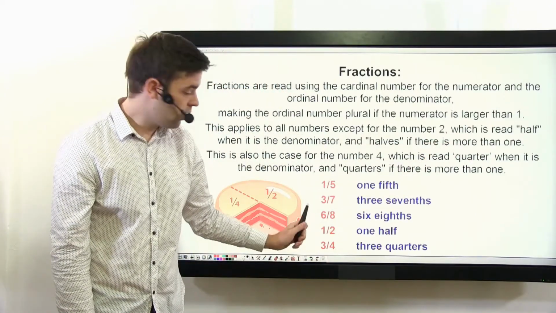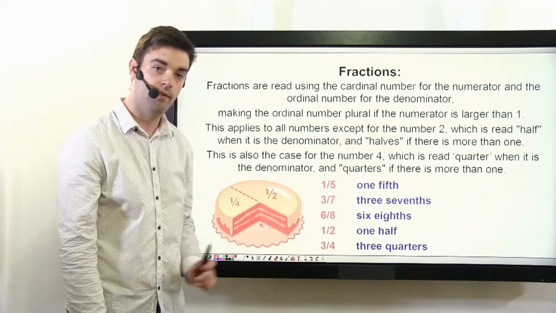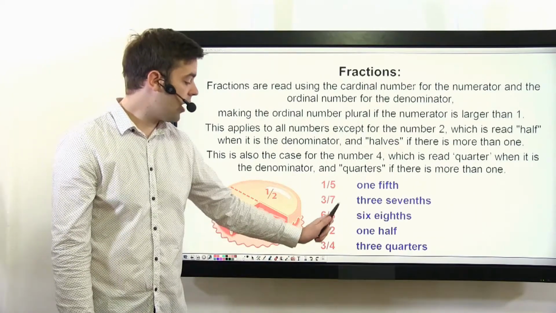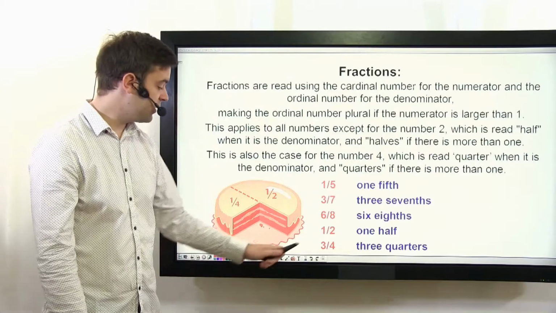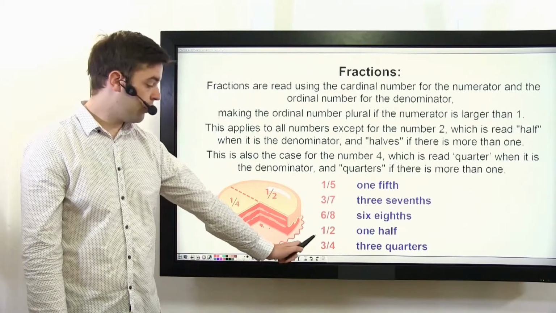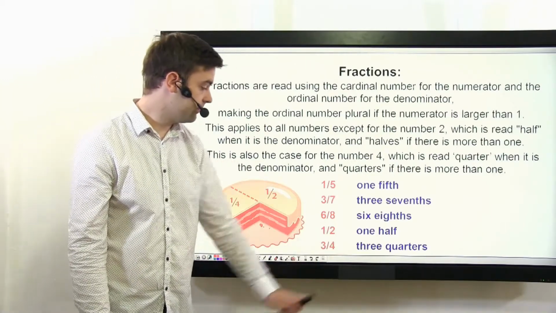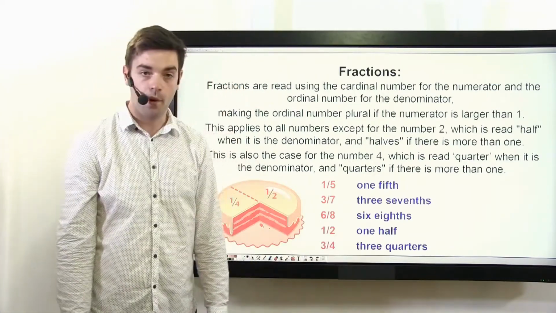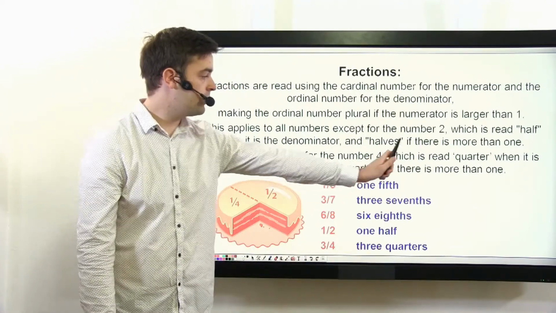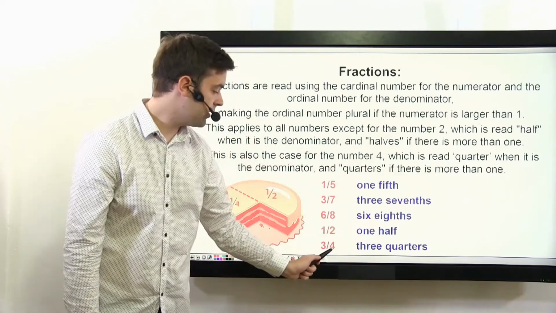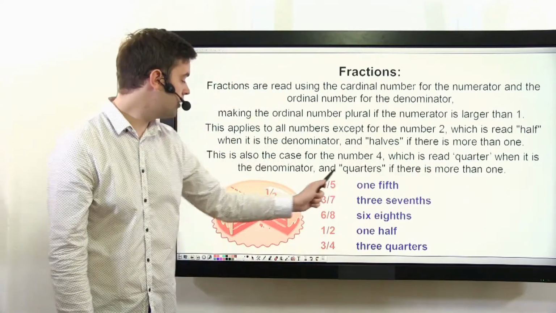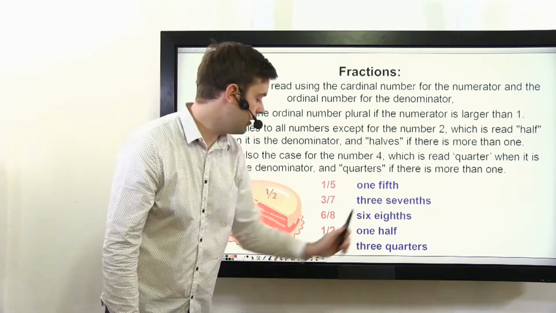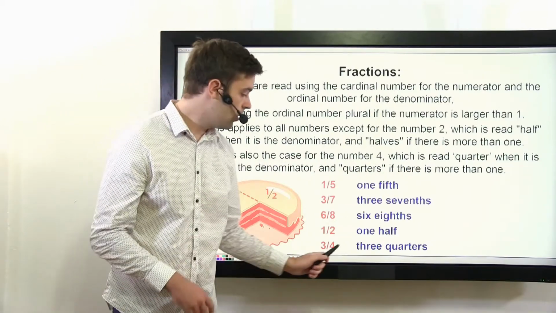So this one is 1/2. And this one, 3/4. So remember, 4 is read as quarter when it's the denominator, and quarters if there is more than one. So there are 3/4.